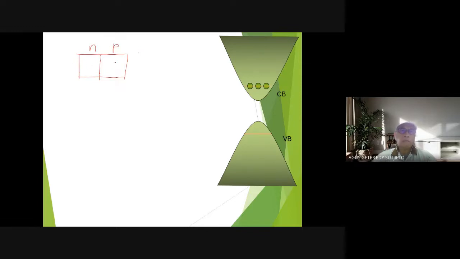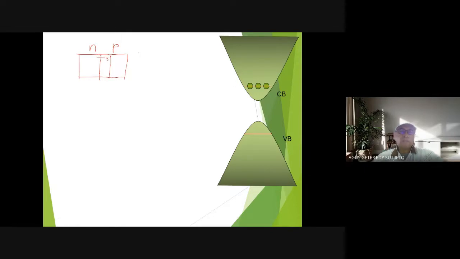So in equilibrium without any external energy, the excess electrons from N will diffuse to the P until a certain length where the electrons stop.